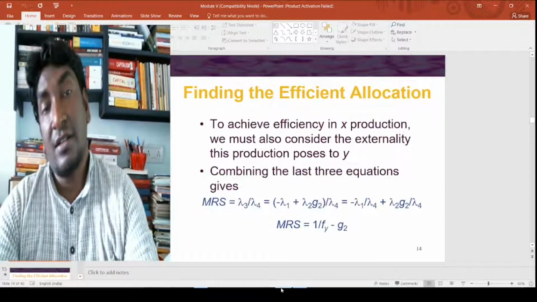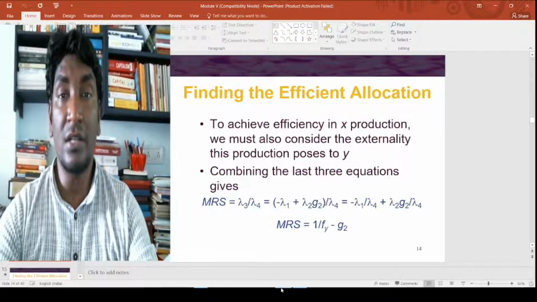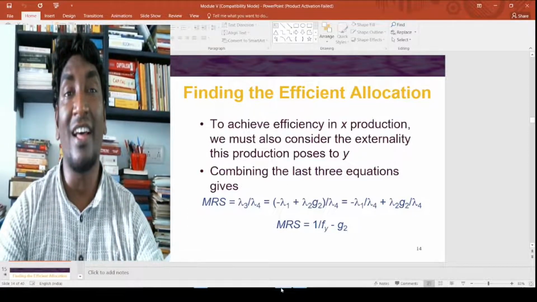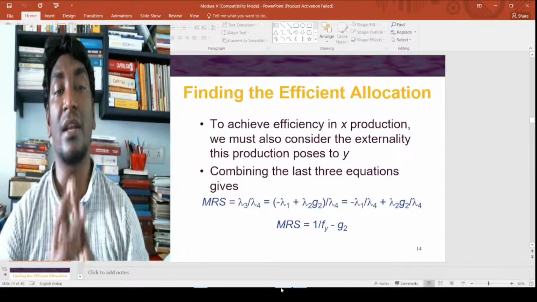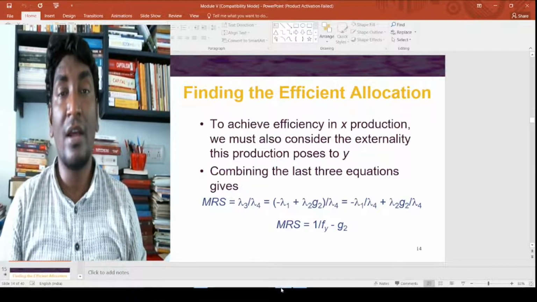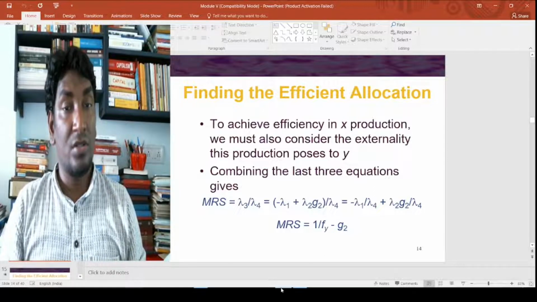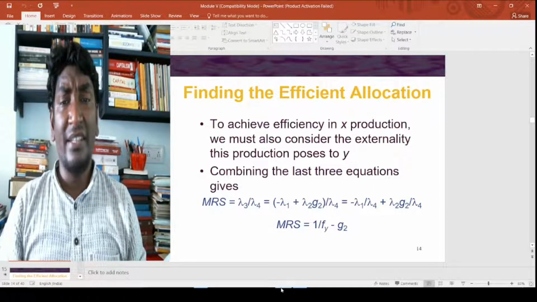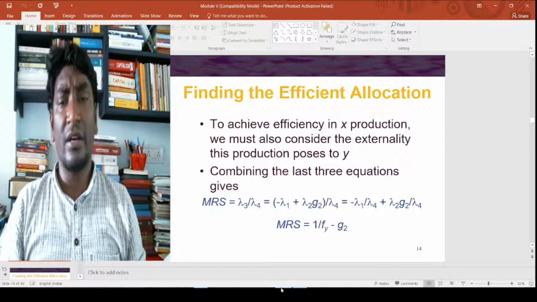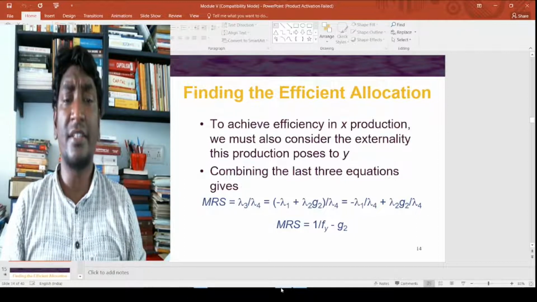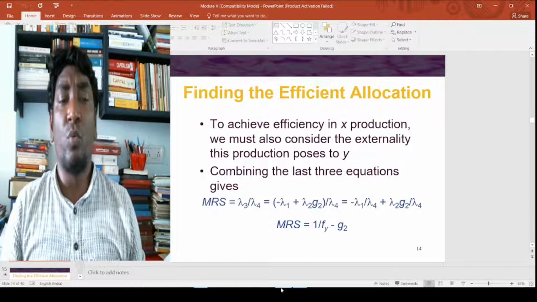That ultimately results in a kind of production which is dependent on the level of pollution. So this is interdependent, which is what we are trying to make clear, and which was never considered earlier. Finding the efficient allocation therefore comes with this understanding. To achieve efficiency in X production, we must also consider the externality of this production process on Y.